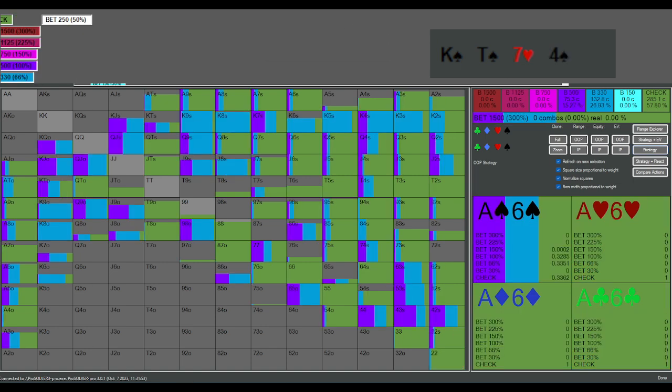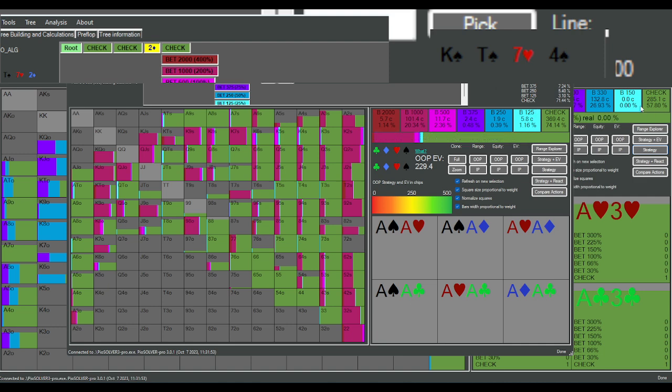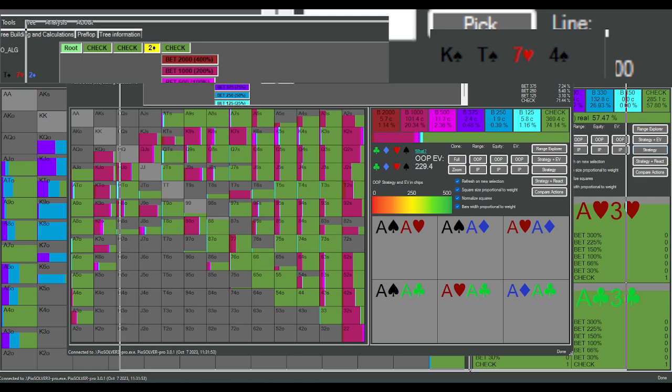However, if in position doesn't check back enough top pair, now our betting frequency goes from, or our checking frequency goes from 74 to 58-ish.